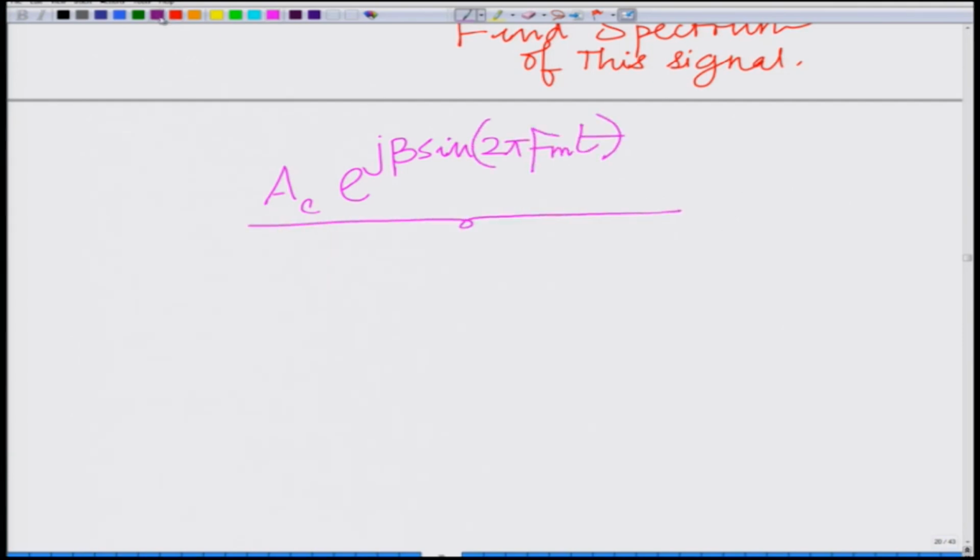Now realize that this signal is periodic. Sin 2 pi f_m t is periodic with period T equals 1 over f_m. Naturally, sin 2 pi f_m t is a periodic signal, so e to the power of j beta sin 2 pi f_m t is also a periodic signal with the same period, T equal to 1 over f_m.